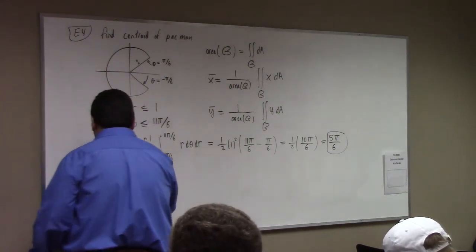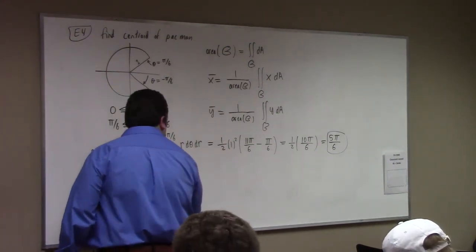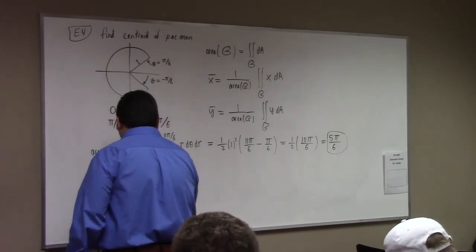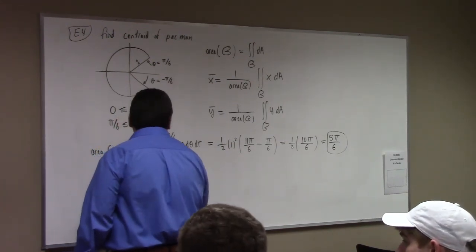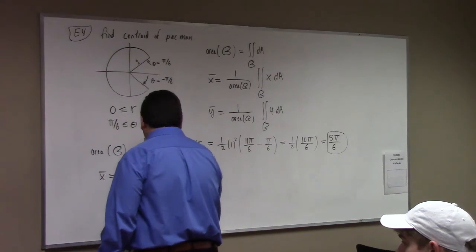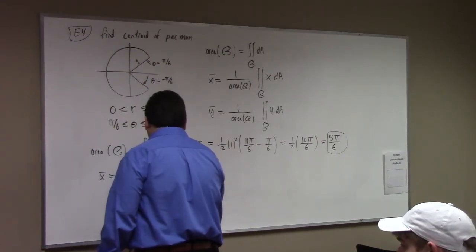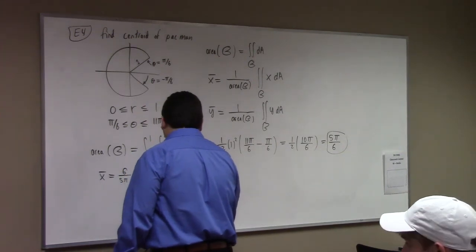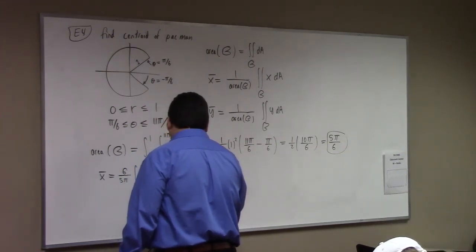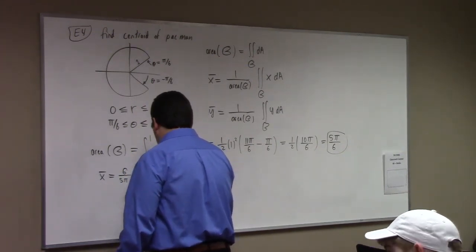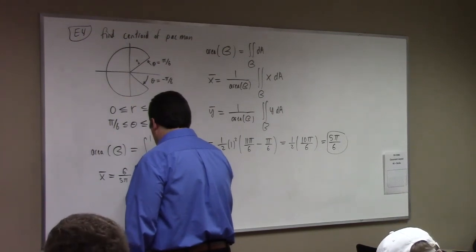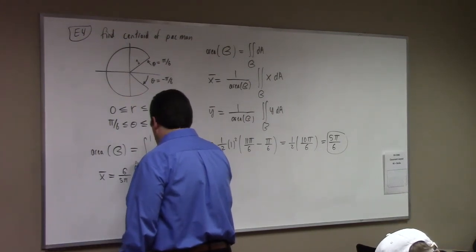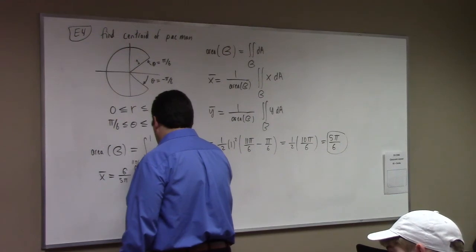How about the x bar? So it should be 6 over 5 pi, right? Integral of what? R cosine theta times r dr d theta. So my r goes from 0 to 1. My theta still goes from pi over 6 to 11 pi over 6.